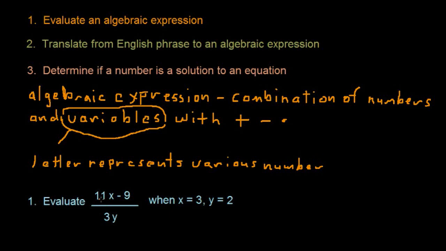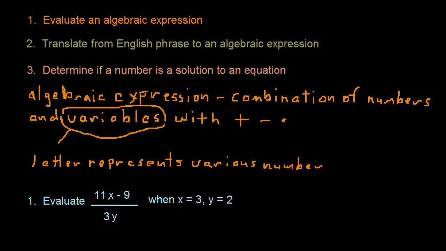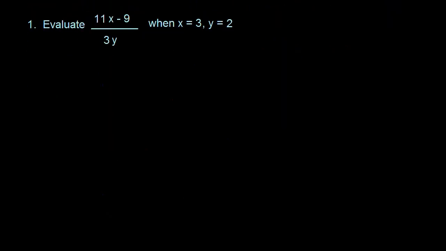We actually have a multiplication here. 11 next to x means 11 times x, and also the 3 next to the y means 3 times y. And we have division. Notice our fraction bar in there, that's a division. Also, there's a couple of other things. You could have the power of a number or the root of a number. So that is what an algebraic expression is.